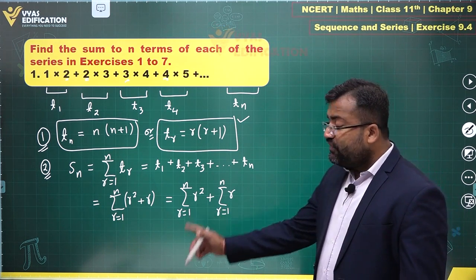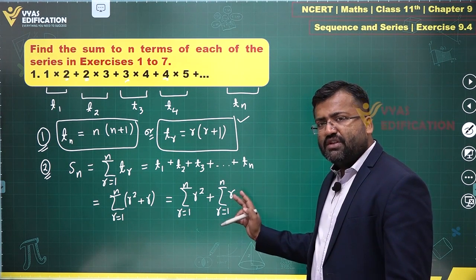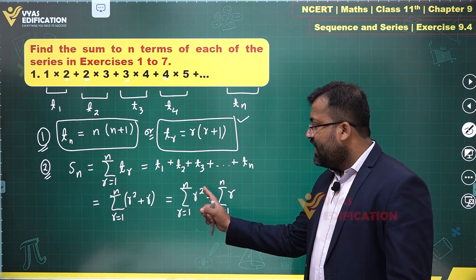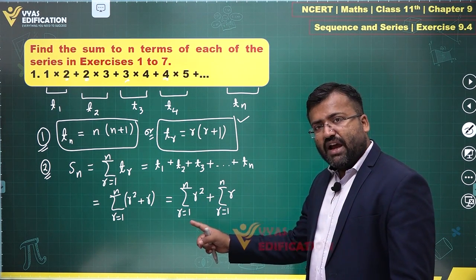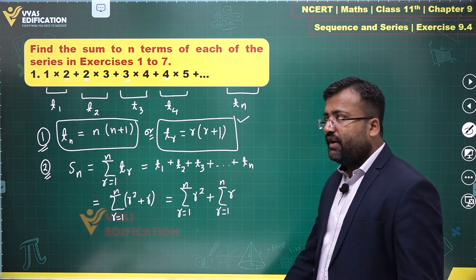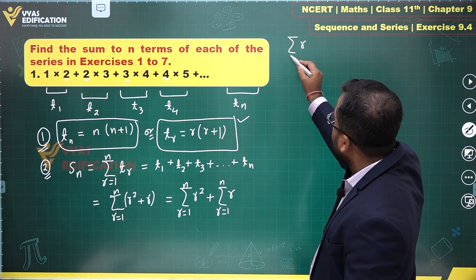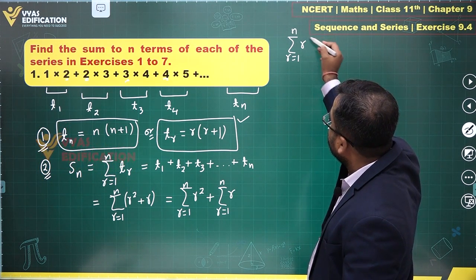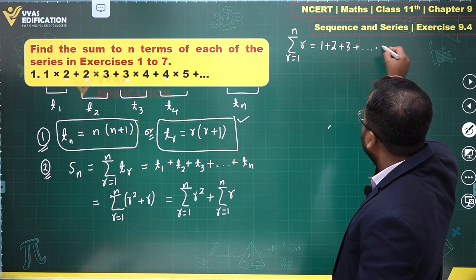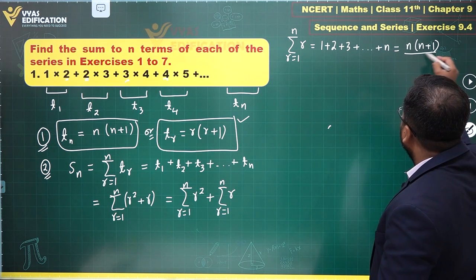And these are two very standard summations. This is summation of r, which says 1 plus 2 plus 3 plus 4 plus dot dot dot up till n is what we are interested in. This says 1 square, 2 square, 3 square, add them, plus dot dot dot up till n square. So what are these summations? Summation of r from r is equal to 1 to n, 1 plus 2 plus 3 plus dot dot dot up till n, is equal to n times n plus 1 by 2.